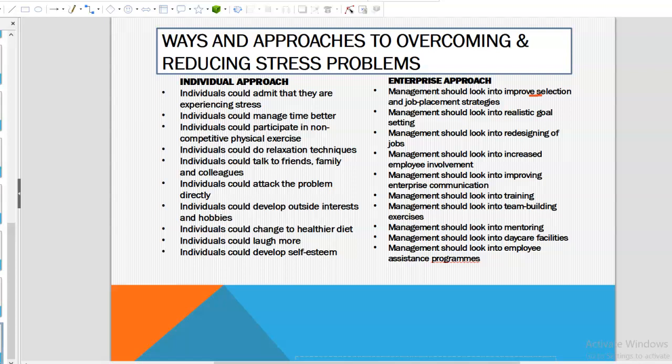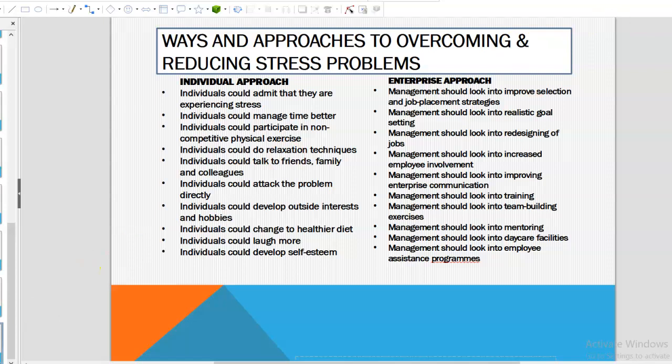Management should look into realistic goal setting. Management should look into redesigning of jobs. Management should look into increased employee involvement.